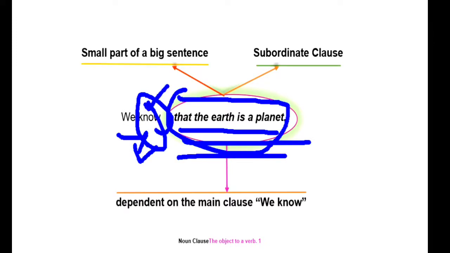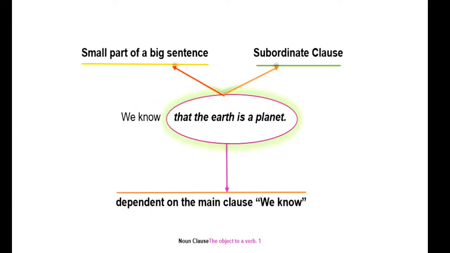This full part, this subordinate clause, this small part of a sentence is the object of the verb know. So as it is a subordinate clause, we can say that it is a subordinate noun clause object to the verb know. Here I have also given the chart.